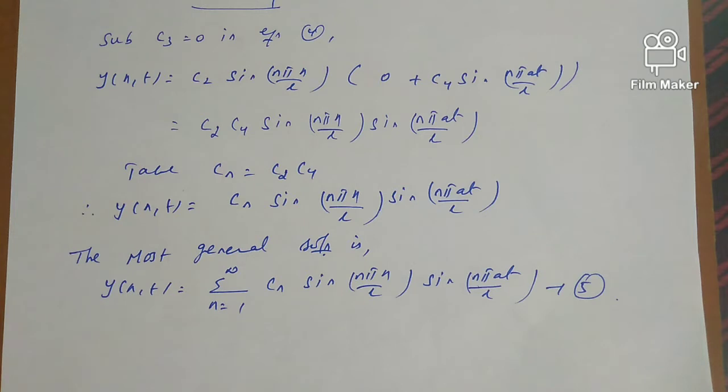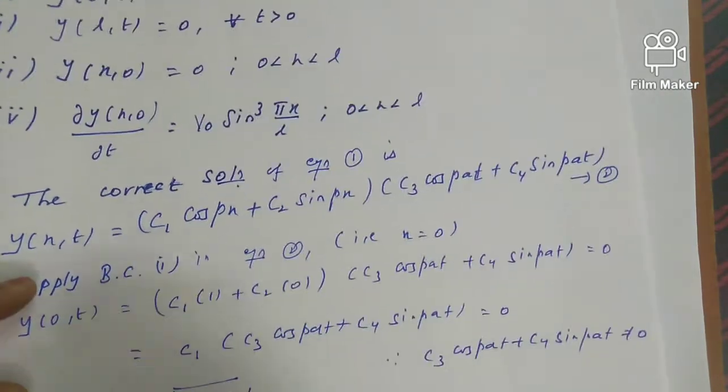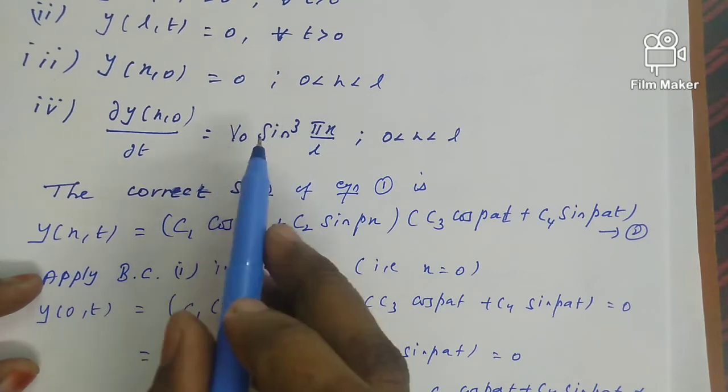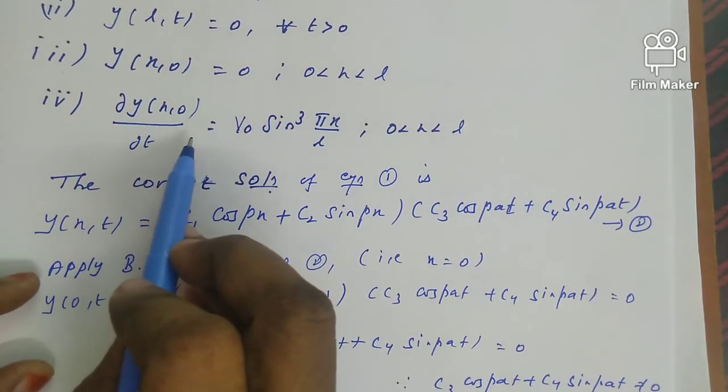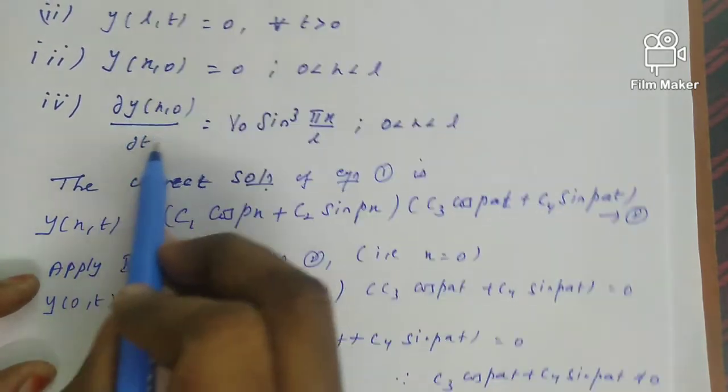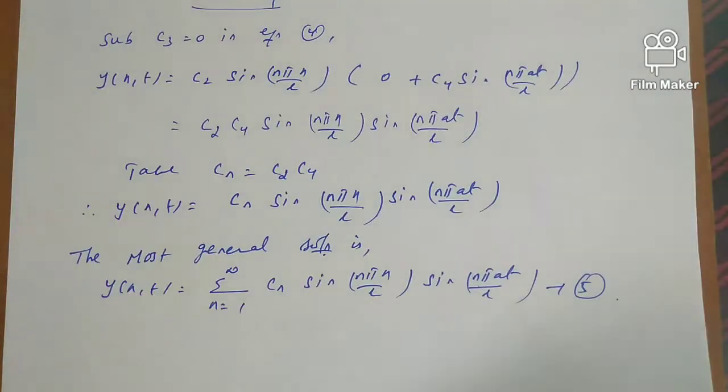So now we are going to apply boundary condition 4. What is our boundary condition 4? Boundary condition 4 is dou by dou t of displacement function equal to, it's given in the question. So to apply the boundary condition, first we have to differentiate the displacement function partially with respect to t, then only we can apply boundary condition 4.